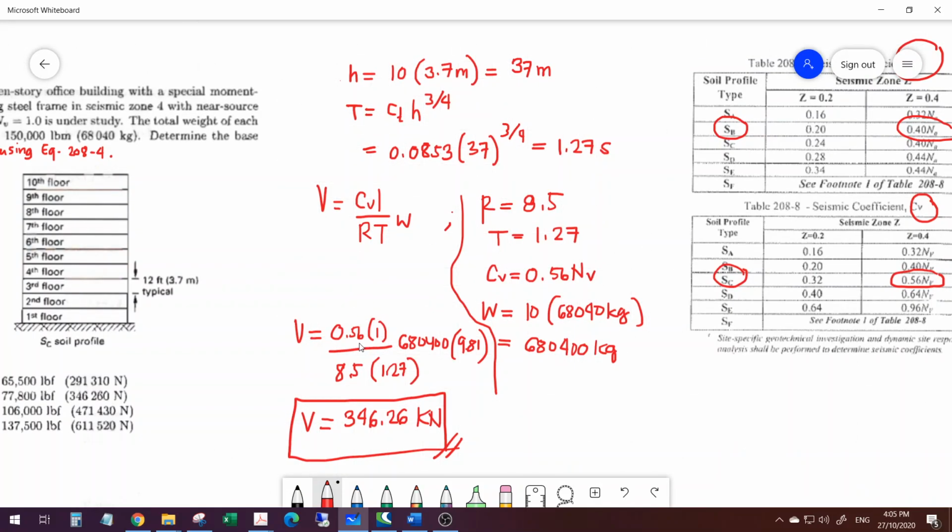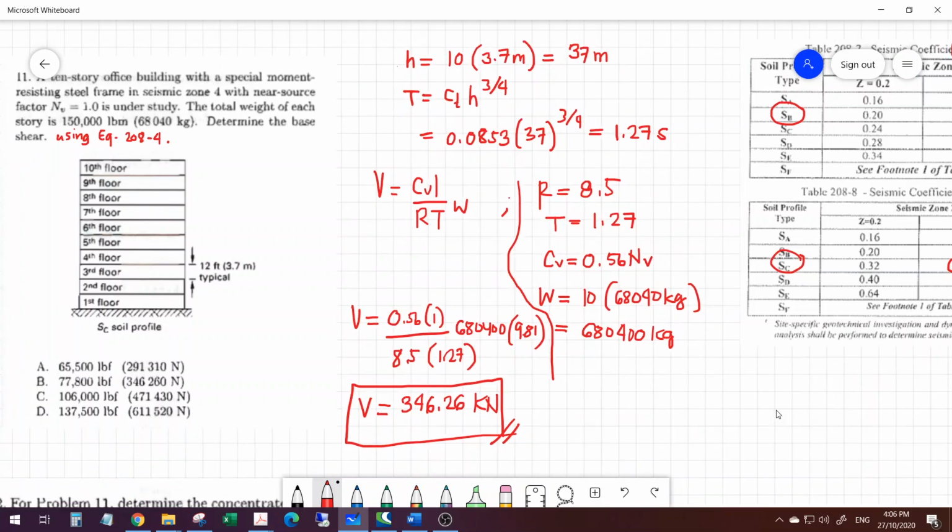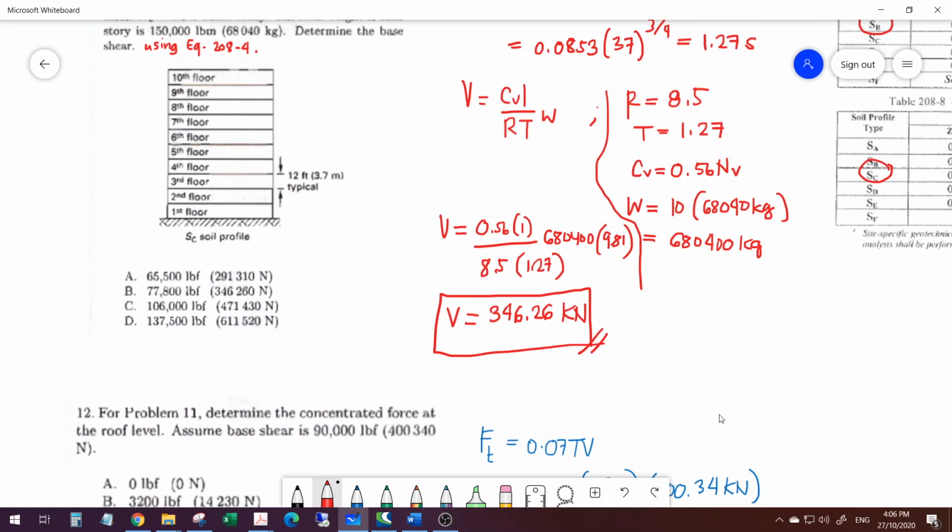So, CV 0.56 times 1 because NV is 1 according to the problem, and then I is 1 because it's just an office building, and then R is 8.5, period is 1.27, and then multiply by the weight. So that's 680,400 kilogram multiplied by 9.81 to convert to kilonewton, right? So you get V equals 346.26 kilonewton. Okay, so this is just the V according to 208-4.